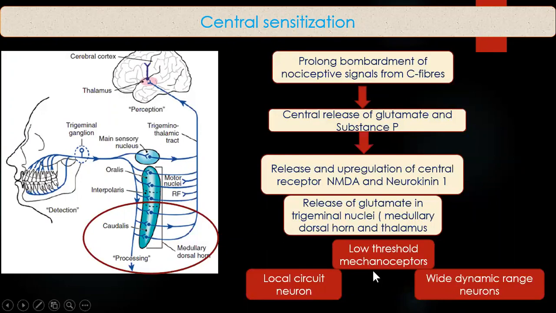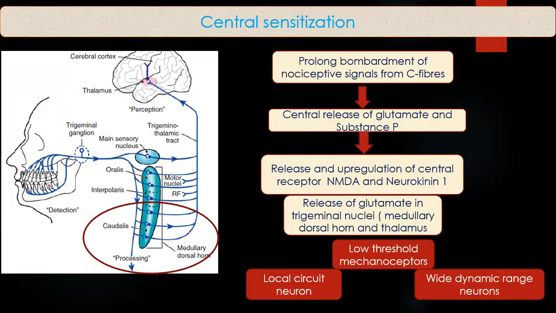So now all these aspects will lower the threshold of the mechanoreceptors present within the thalamus, and these low-threshold mechanoreceptors, the local circuit neurons and the wide dynamic range neurons present within the spinal cord will lead to a type of pain sensation.